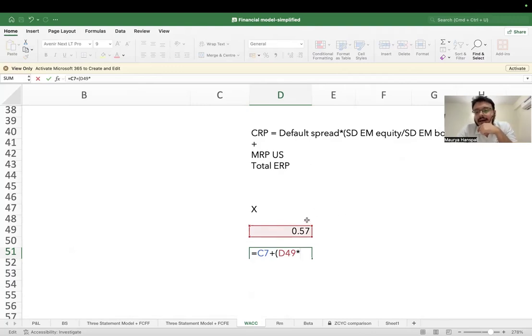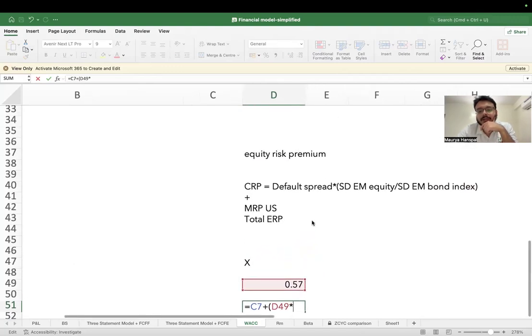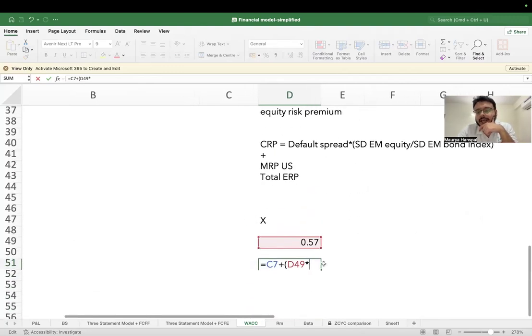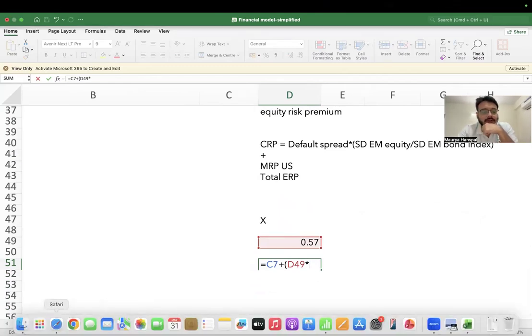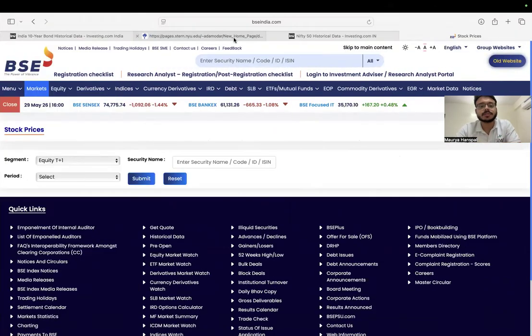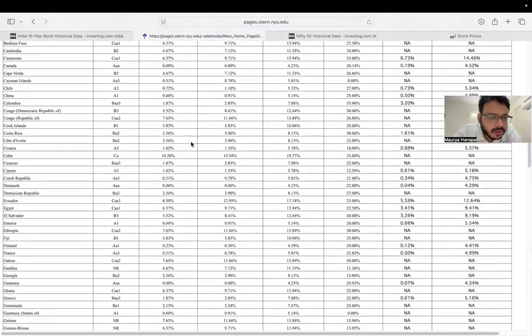If I just simply take a mature market equity premium, okay, I take the mature market equity premium. How much is the mature market equity premium for US? Right? I can simply just take that. Let's check. Let's go to this file. Let's go into Mr. Aswath Damodaran's file.